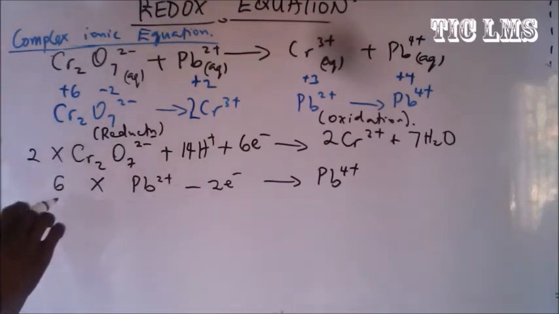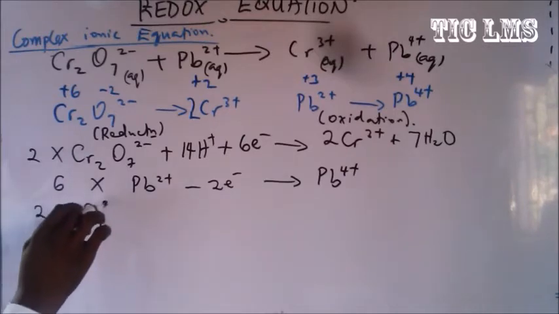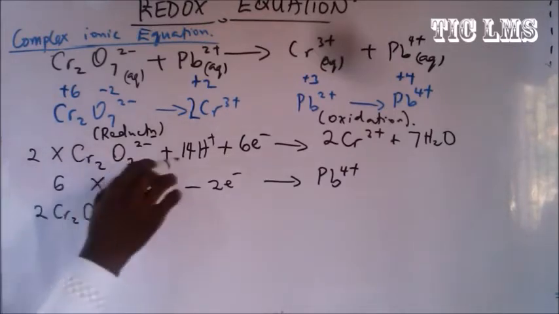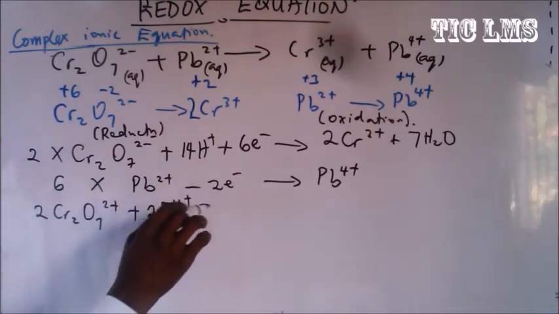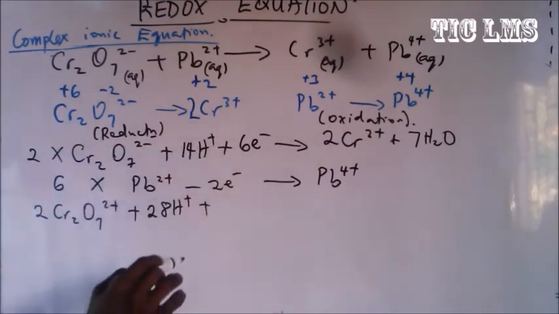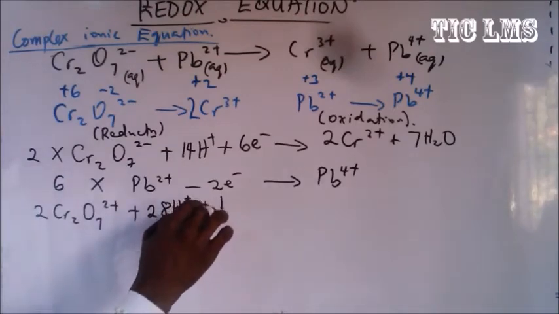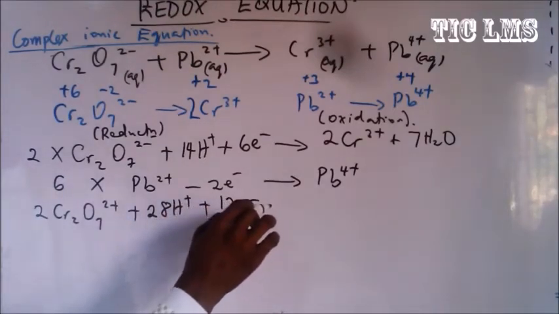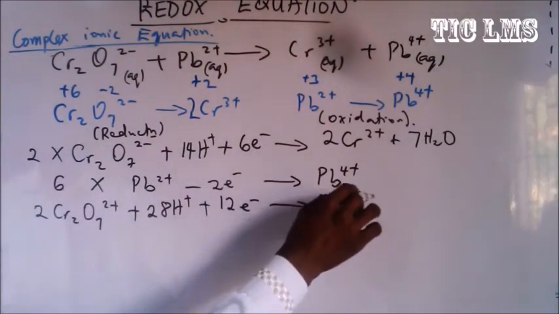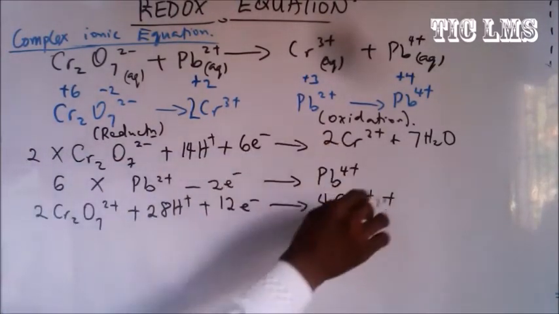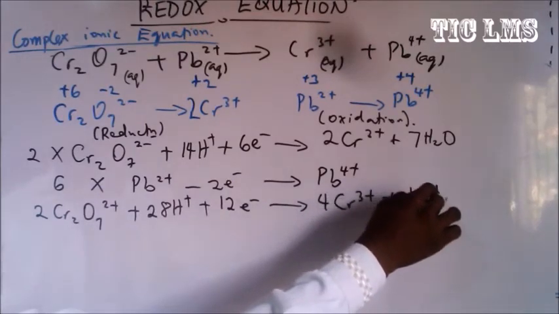And so we have 2 Cr2O7 2 minus plus 2 times 14, we have 28 H plus 2 times 6, we have 12 e minus, and then we have 2 times 2, we have 4 Cr3 plus 2 times 7, we have 14 H2O.